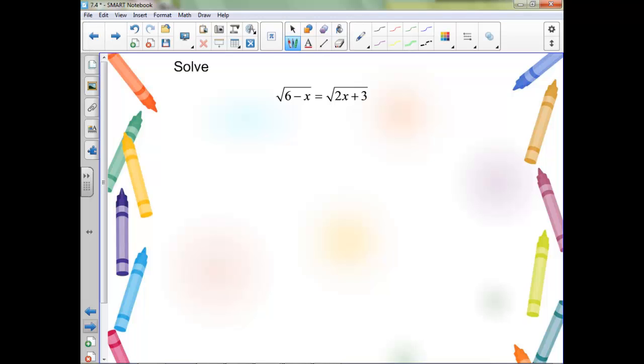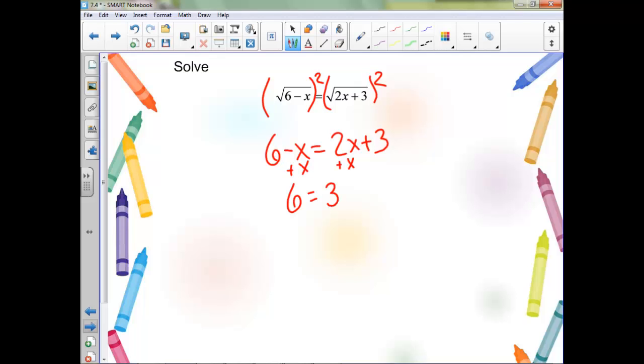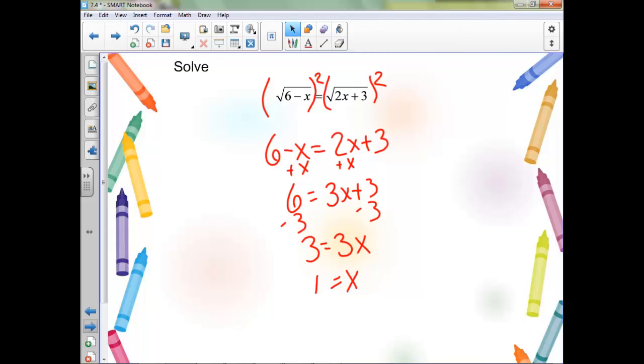This one we already have square roots on both sides. So let's go ahead and square both sides. Left side, right side. Remember, we need to check.